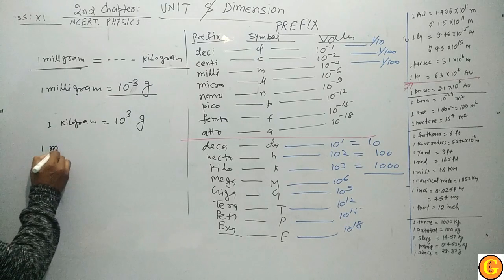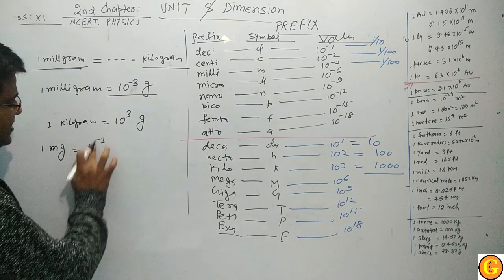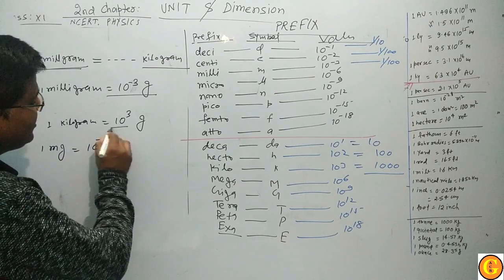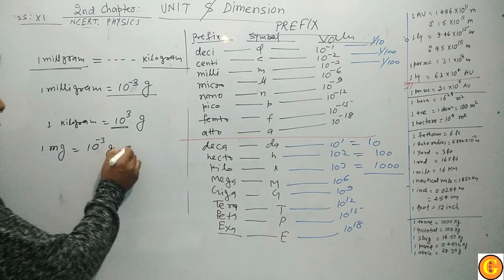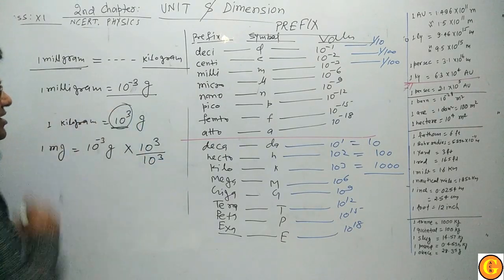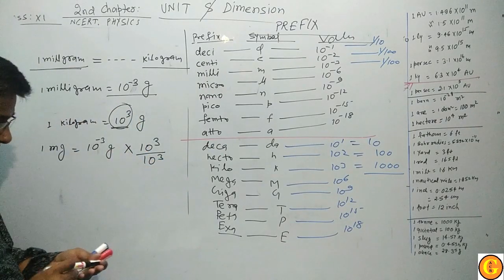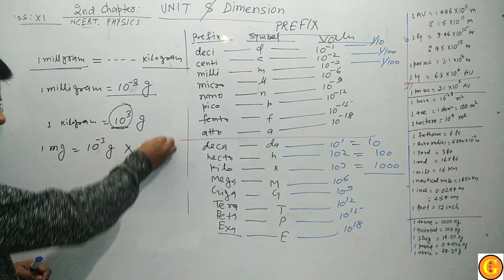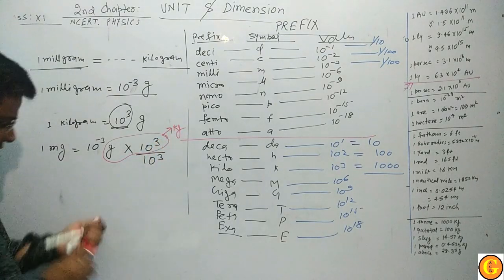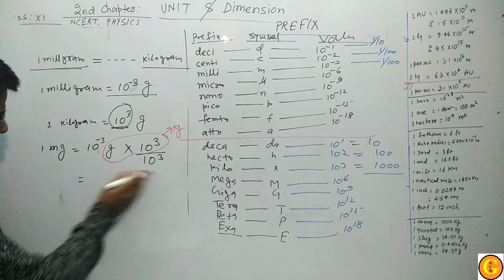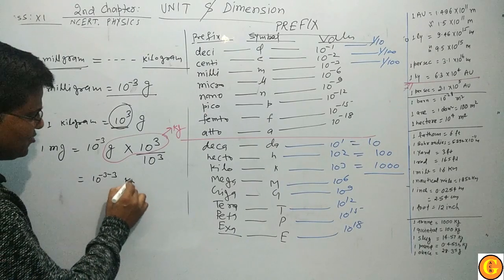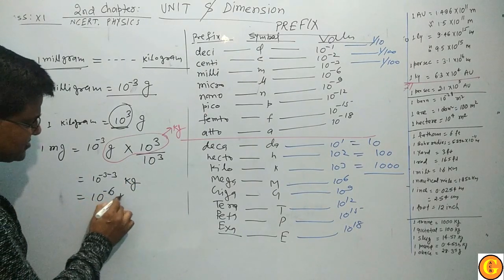So 1 milligram is equal to 10 to the power minus 3 gram, and we have no value of 10 to the power 3 here, so you multiply and divide by the value required. 10 to the power 3 is multiplied and divided, and this gives the kilogram. Putting the values, 10 to the power minus 3 and minus 3 becomes kilogram, means 10 to the power minus 6 kilogram.